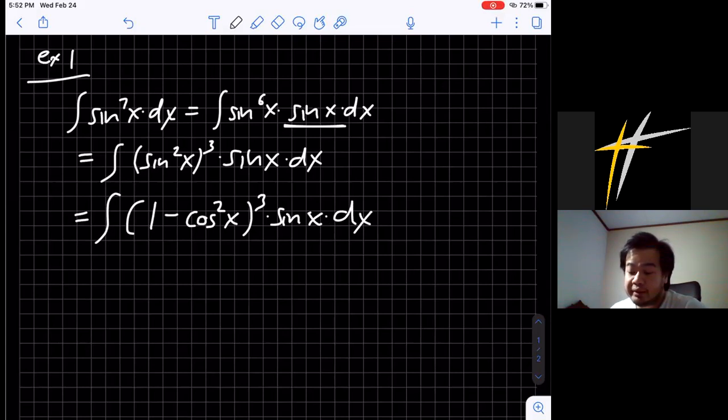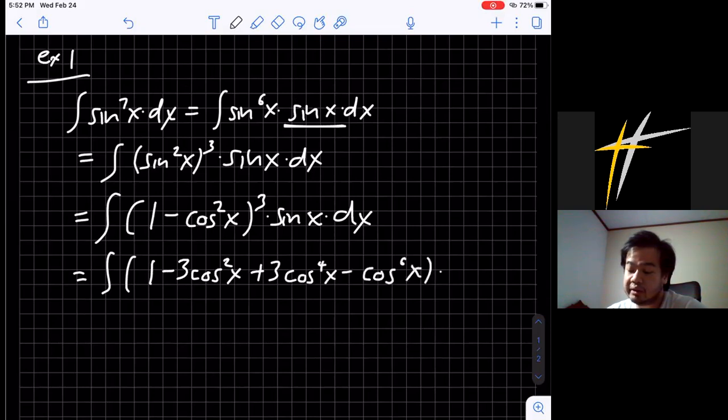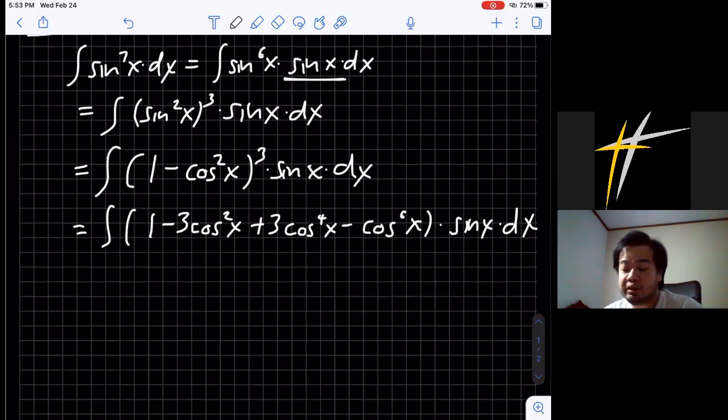Then I will expand the cube, so it becomes integral of 1 minus 3 cosine square x plus 3 cosine power 4x minus cosine power 6x times sine x dx. Okay, I hope so far you're following. Now the next step is to use the algebraic substitution method with u equal to cosine x.